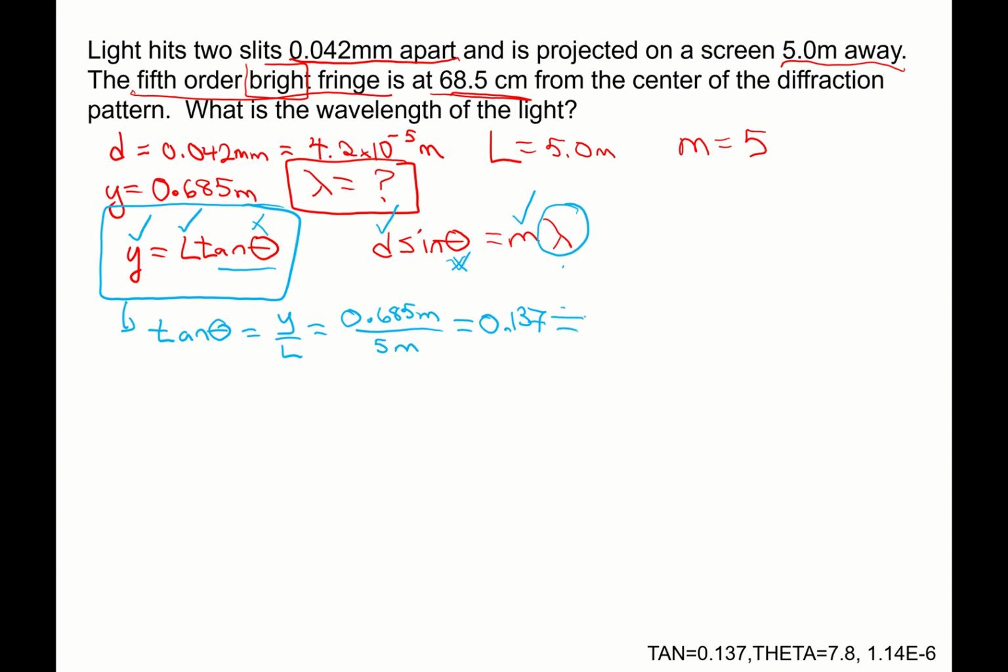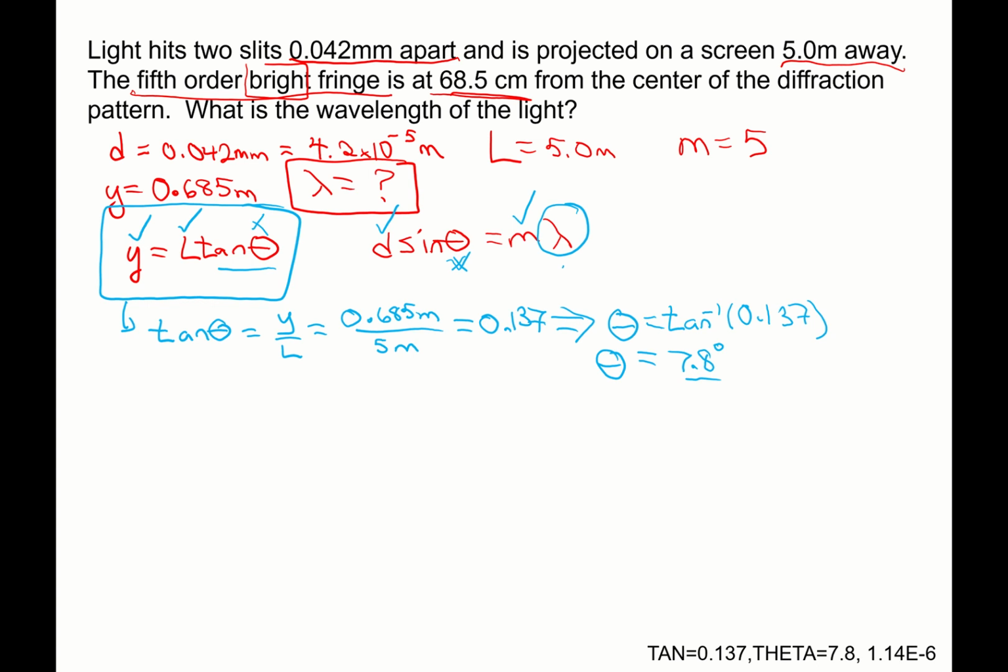To give me my theta, I'm going to do inverse tan of 0.137. So theta is equal to 7.8 degrees. That's probably a small enough angle that we could have used the sine theta tan theta approximation.